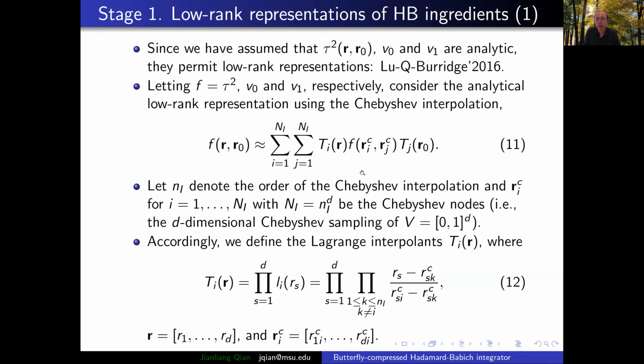And then we use Chebyshev interpolation to interpolate the computed quantity on the Chebyshev node mesh. Then we repeat the process, and eventually we will have a Chebyshev low rank representation for these three functions, in this form, equation 11.